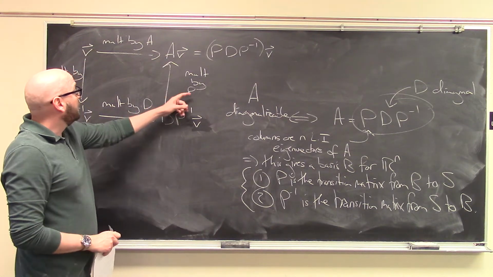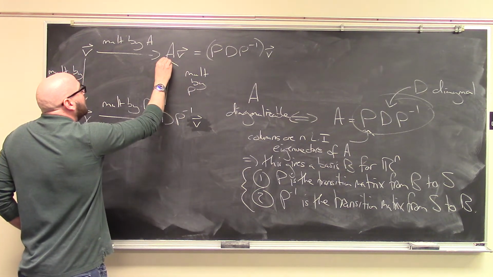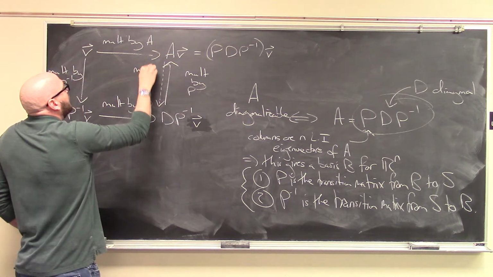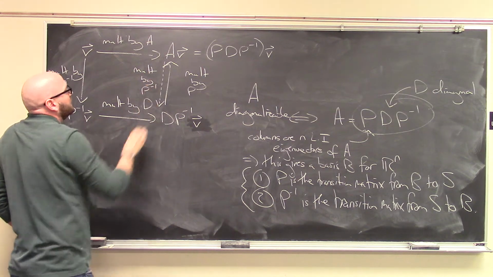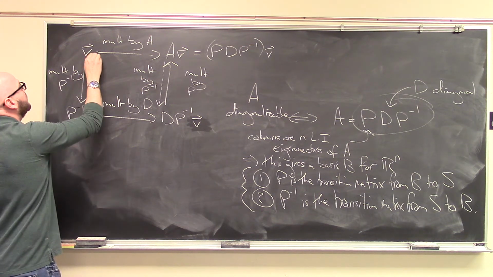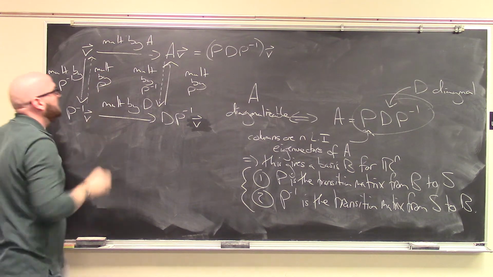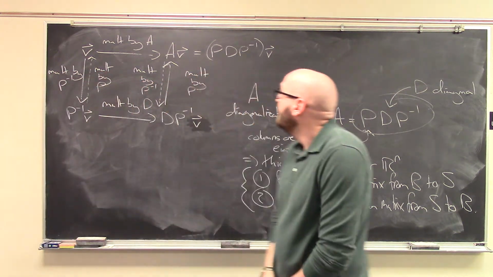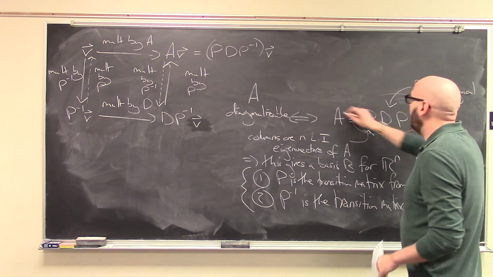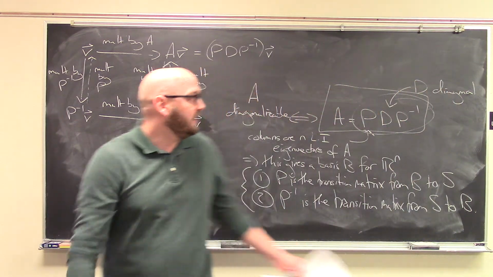And of course, P is an invertible matrix, so I can go both ways here. I can reverse this and go backwards: multiply by P inverse, and instead of going down, I can walk up, where I have multiplication by P. So this is just a diagram created using this formula, this expression for A in terms of P times D times P inverse.